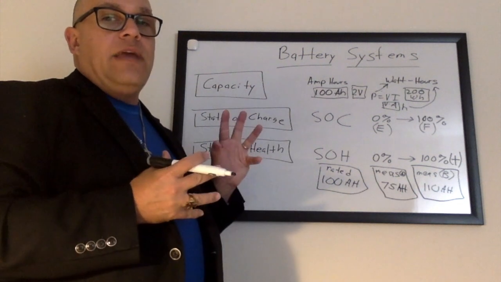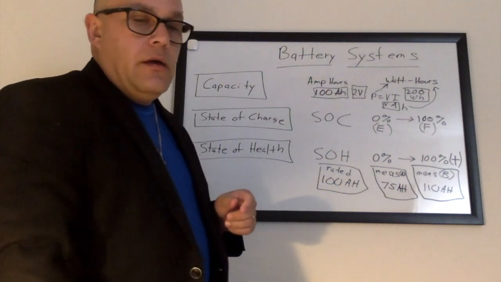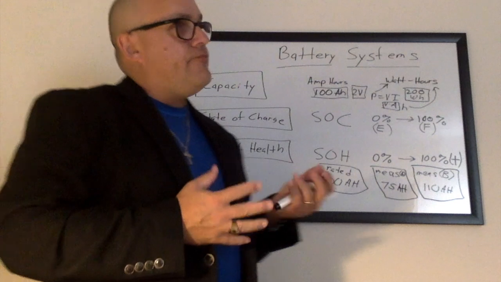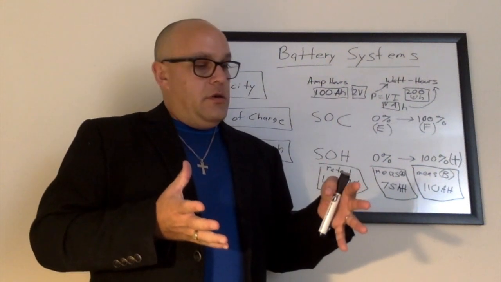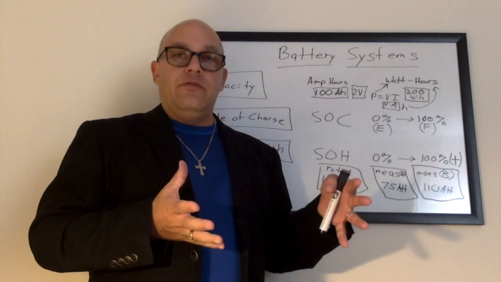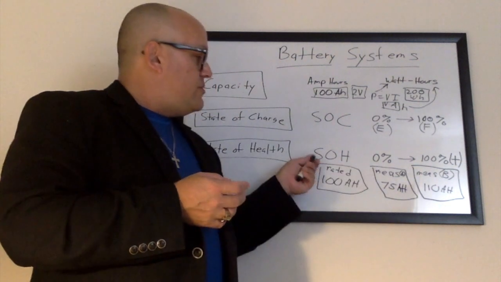Okay, so as a battery ages, the analogy could be, you have a gas tank for electrons, and as the battery ages, the gas tank shrinks. All right, that's what state of health is.